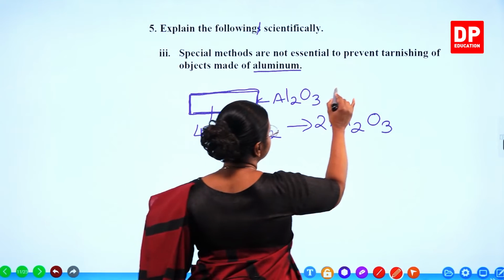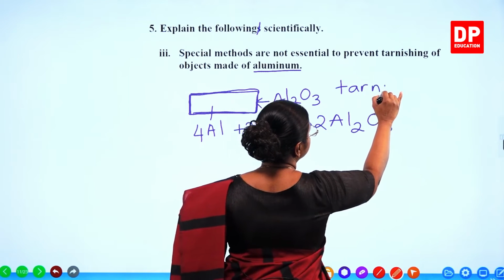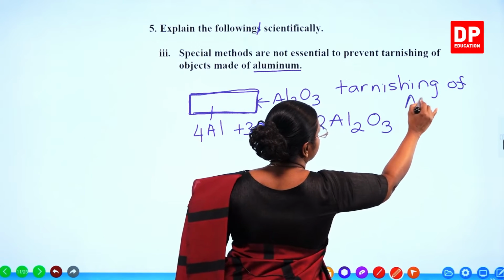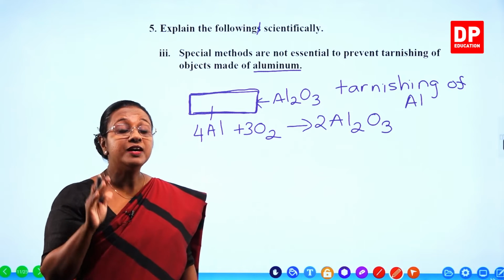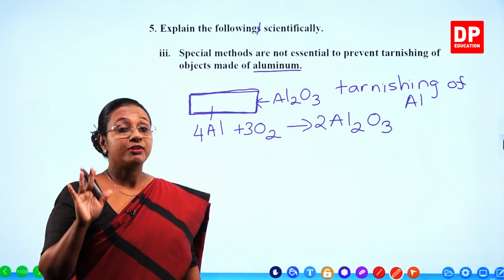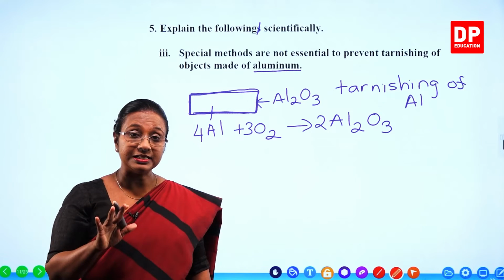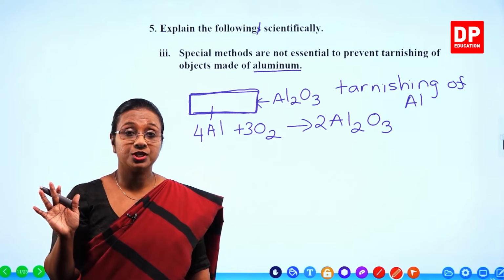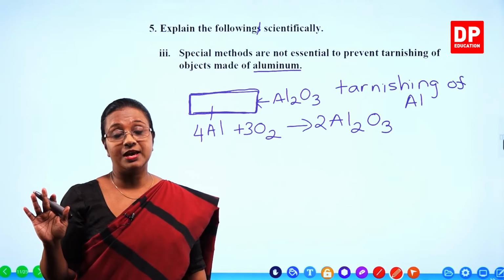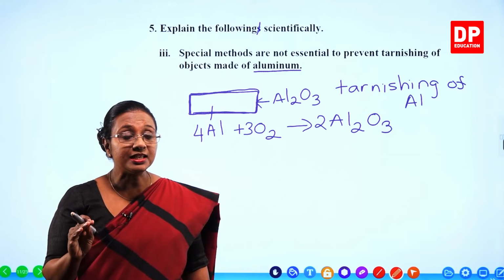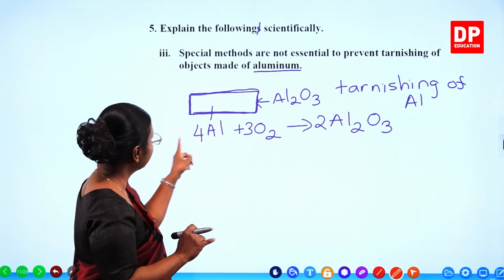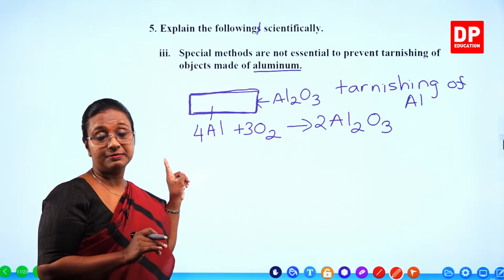So when this forms, there will be tarnishing of aluminium, but further reaction with oxygen will be prevented. Now, reaction of metals with oxygen is what we call corrosion. So further corrosion of aluminium will be prevented. There will be slight tarnishing if it is pure aluminium, and the aluminium oxide will form over the aluminium metal.